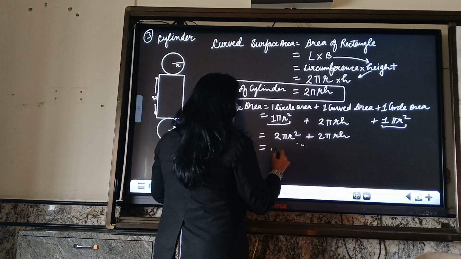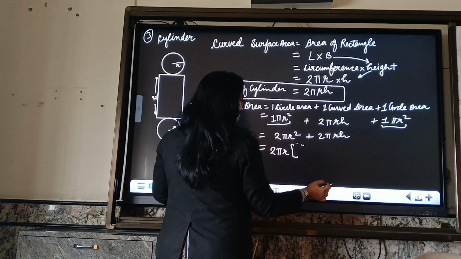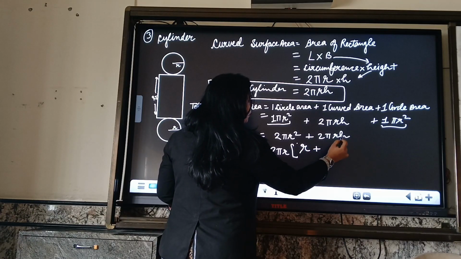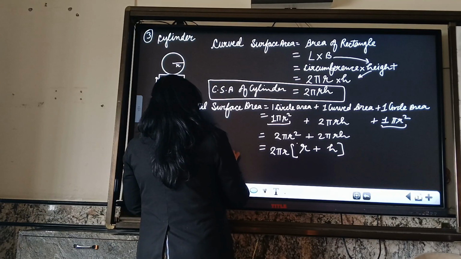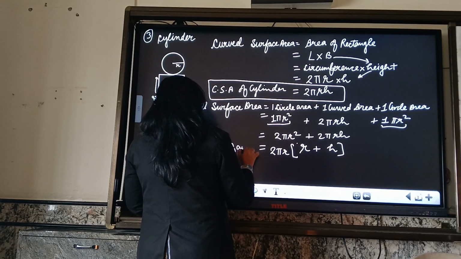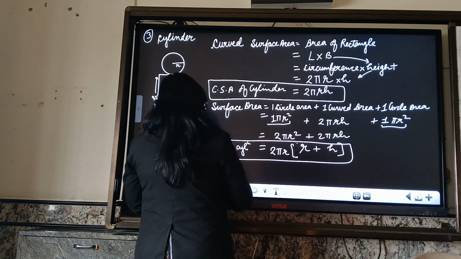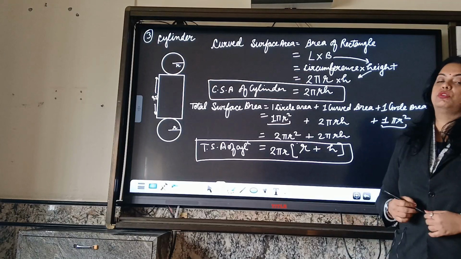So I will write 2 pi r, and 1 r is left over there. And here 2 pi r is taken out common, so h is remaining. So the total surface area of a cylinder is 2 pi r (r plus h). These are the basic formulas related to area.